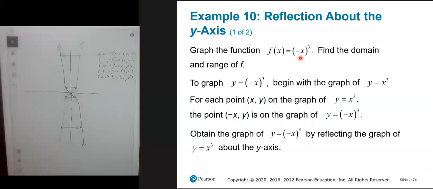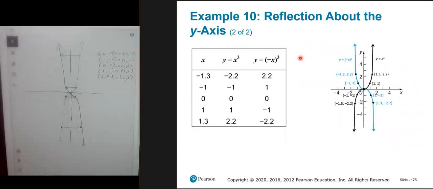Okay, so we begin with the graph of f of x equals x cubed, and then for each point x, y on that graph, we change the sign of the x value, and the y value remains the same. And so that will show us the reflection. And that's what they did here.